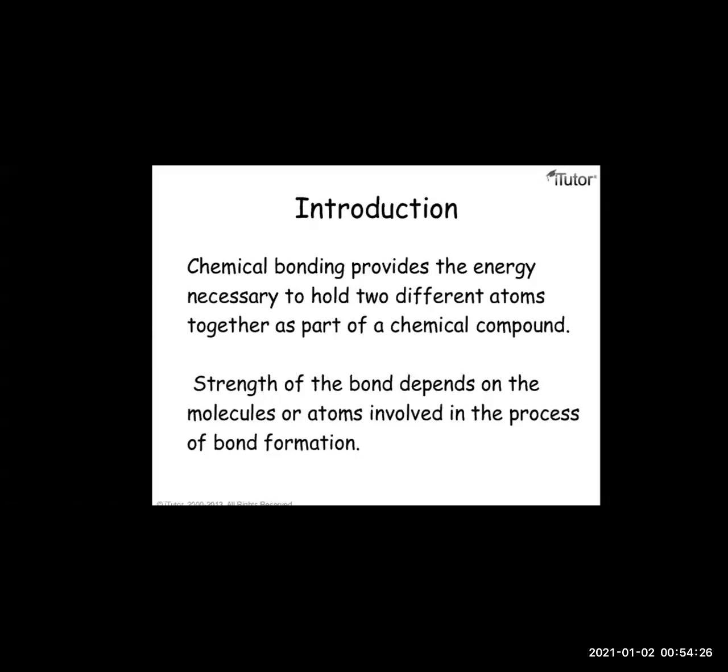Now, why is there a need for chemical bonding? Because the electrons need strength, or they need to be bonded, depending upon the molecules or atoms included in the process of bond formation. Whenever there is bond formation, there should be strength of the bonds, and this strength depends upon the molecules or the atoms.